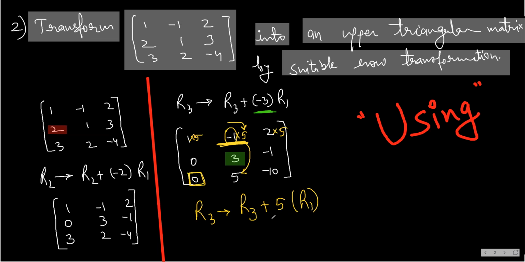Because when you use a transformation, it is for that particular row, and then it gets used on all the elements. It is not that only this will change, this will become 0, but then this will become 5, which was already made 0 by you.